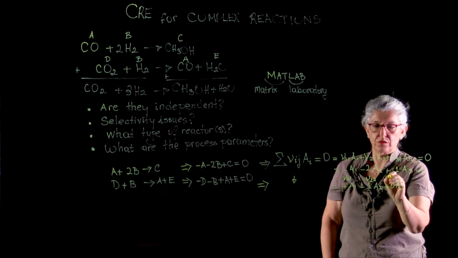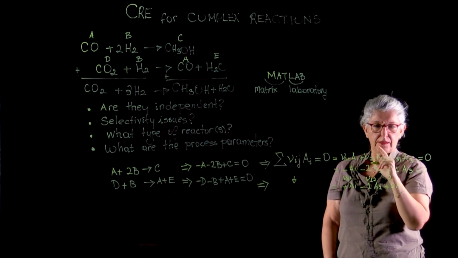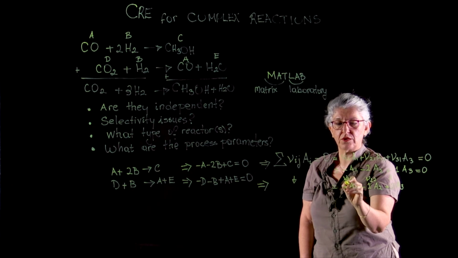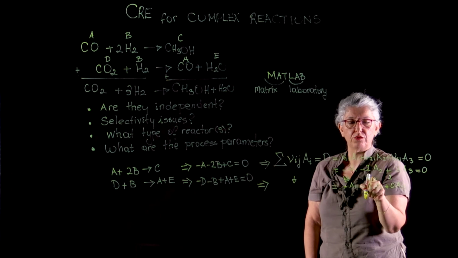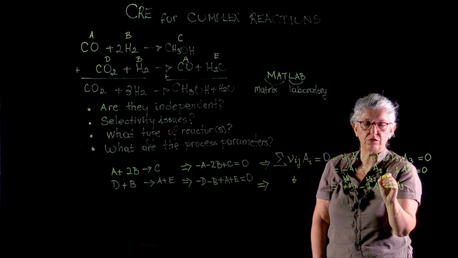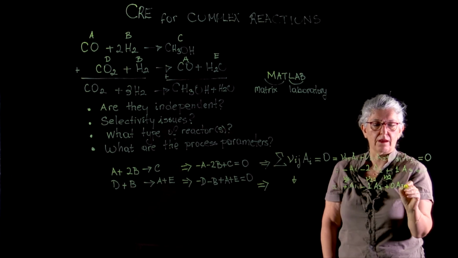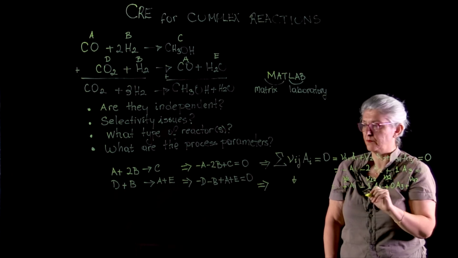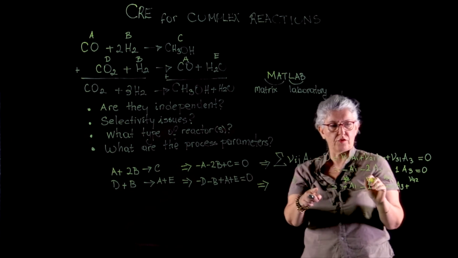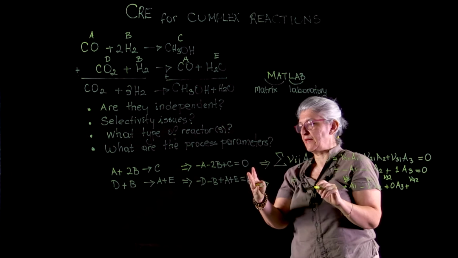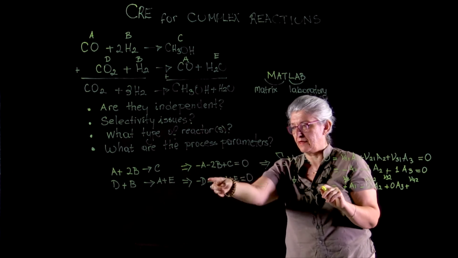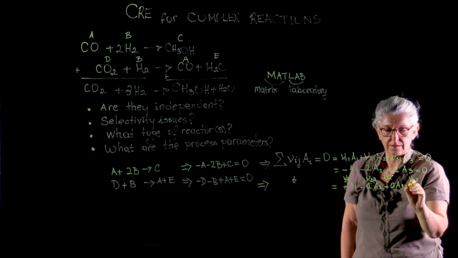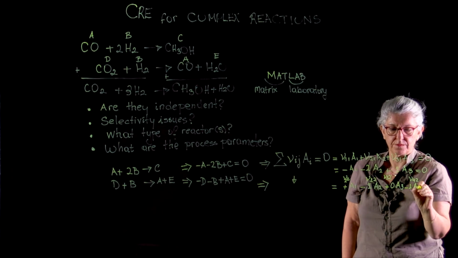Nu 1 2, nu 2 2, nu 3 2, plus nu 4 2. Our fourth component is D, minus 1, A4.